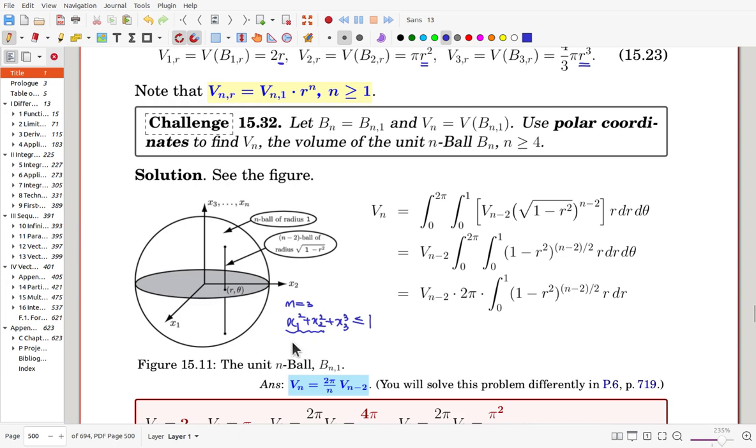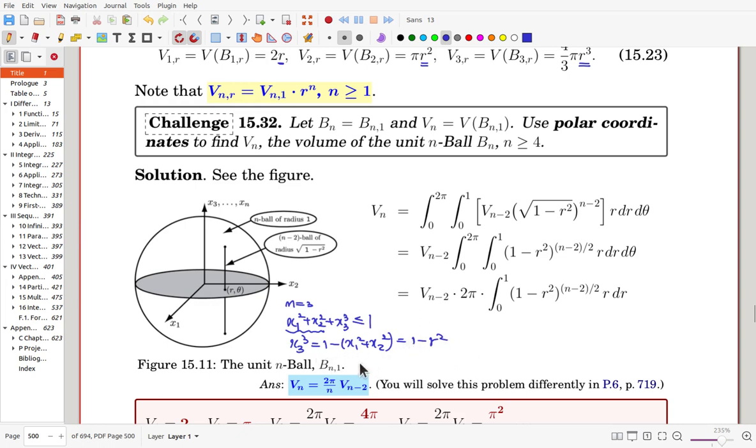So that means that x3 squared, the height direction, is 1 minus x1 squared plus x2 squared, which in this notation will be 1 minus r squared. Right?